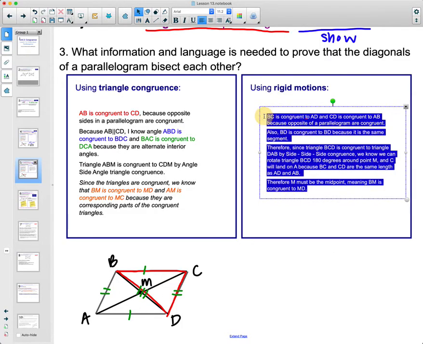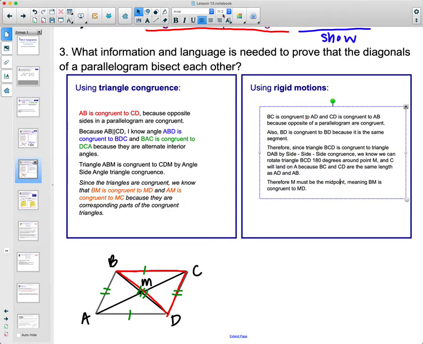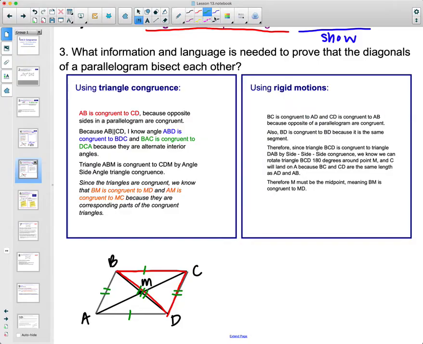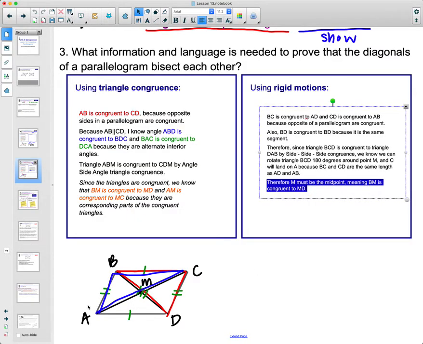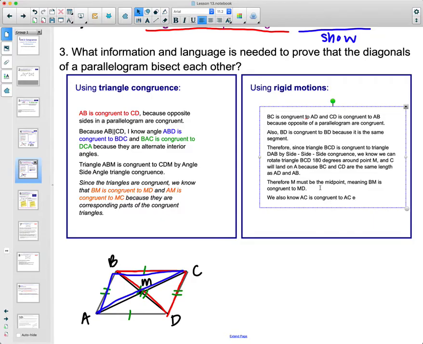Then you essentially would need to state a very similar argument in order to prove that happens again for this triangle onto the next one. And I don't think that we need to say AB and CD again because you already did that. So you already have AB congruent to CD and BC congruent to AD. So you could say we also know AC is congruent to AC because it is the same segment.